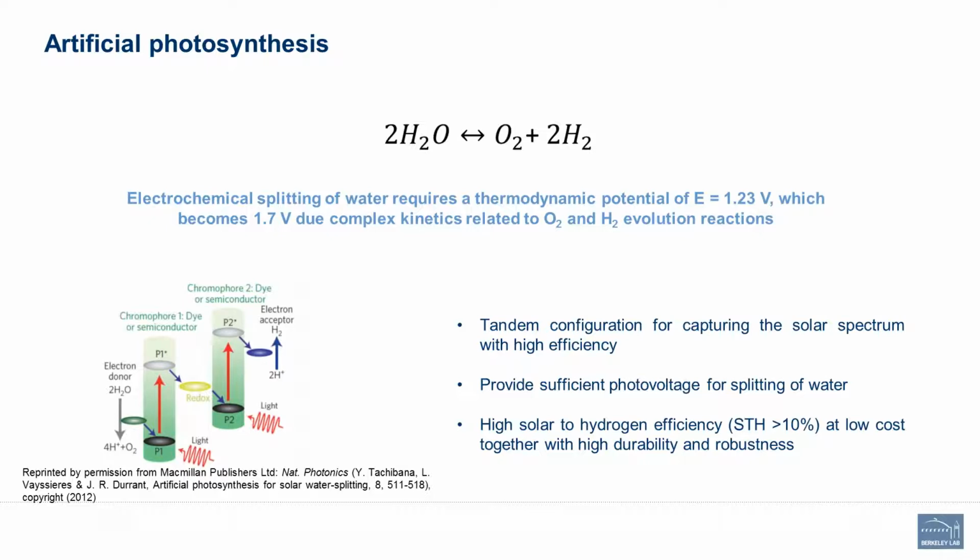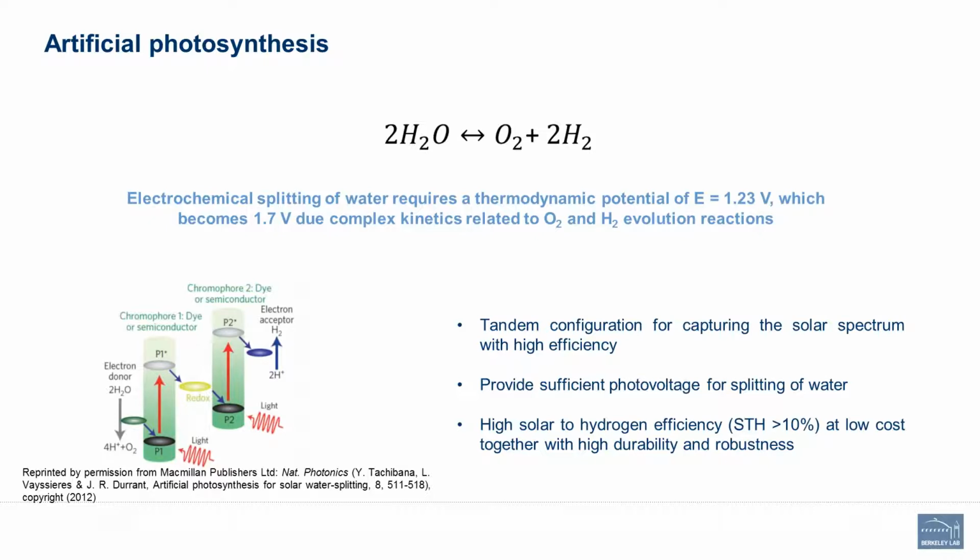So if we want to get this 1.7 volts, we could utilize a tandem approach in which we have two semiconductors in tandem that are absorbing the visible light and then are providing a sufficient photovoltage to give us this 1.7 volts that will enable us for autonomous water splitting.